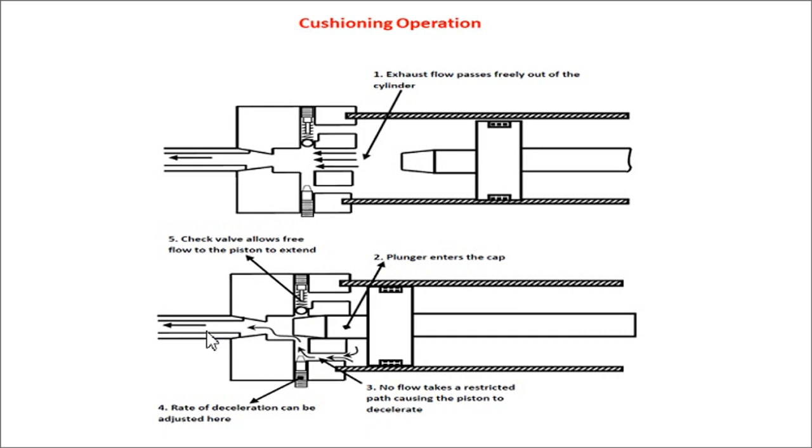Because of this, deceleration of the piston as well as the plunger is achieved, and in this way the bumping of the piston on the cylinder valve is avoided. This is called the cushioning effect.